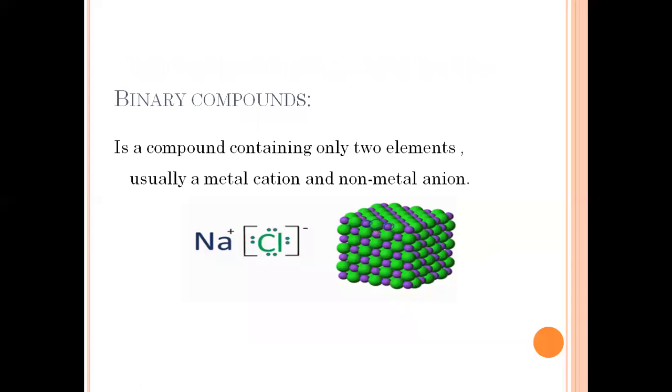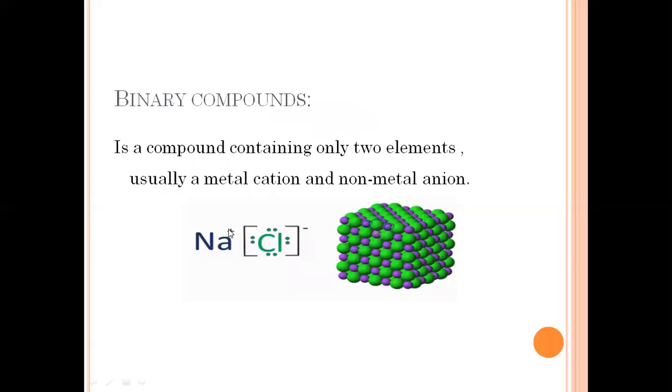What are binary compounds? Binary means two. If a compound contains only two elements, usually a metal and a non-metal, this type of compound is known as a binary compound. So here is the example of sodium and chlorine.